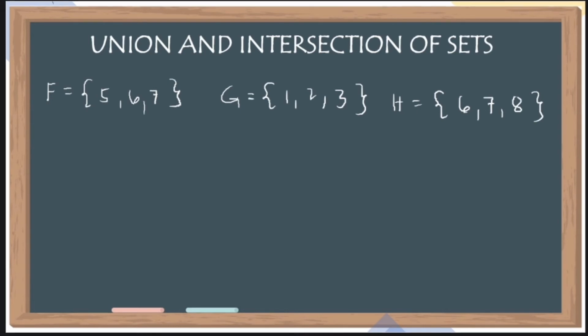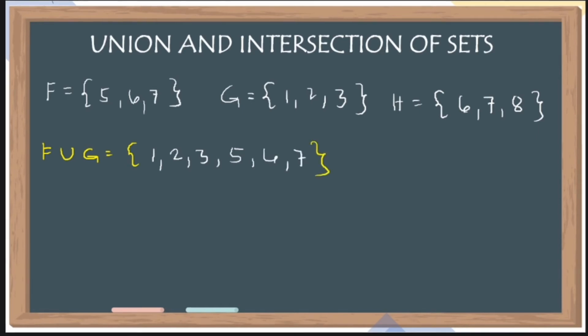Now, pinapakuha sa atin yung union ng F and G. So, pagsamahin natin yung elements ng F and G. So, let's start with smallest number, which is 1, 2, 3. Okay, walang 4 sa kanilang dalawa. So, hindi natin isusulat yung 4. Next is 5, 6, 7. That's it. Yan na yung union ng F and G.